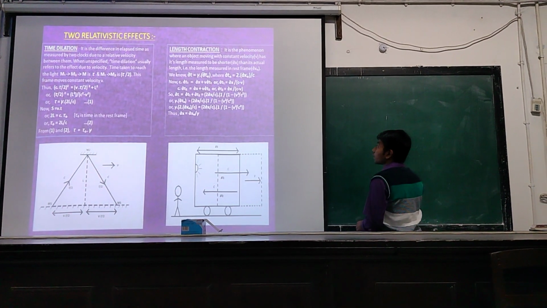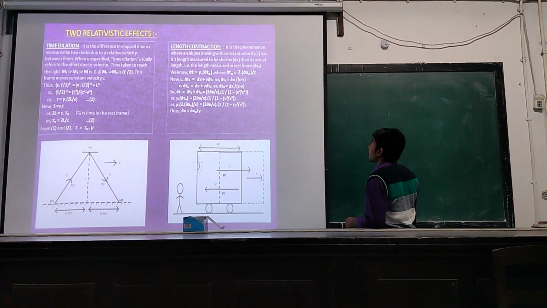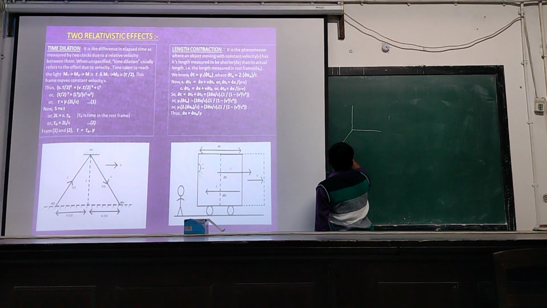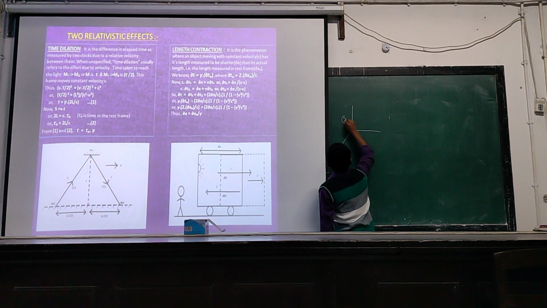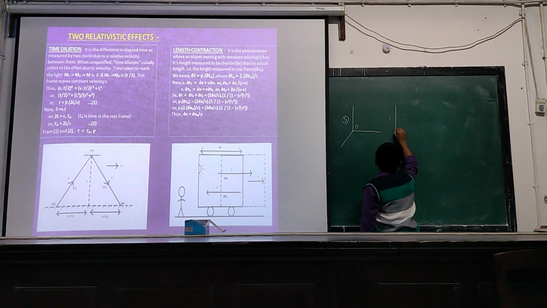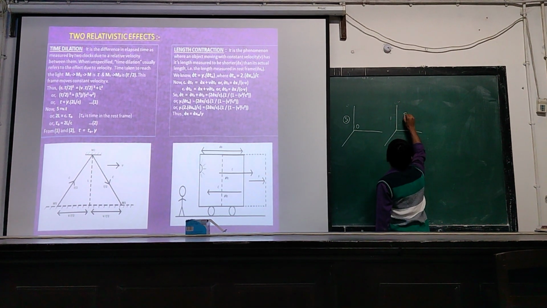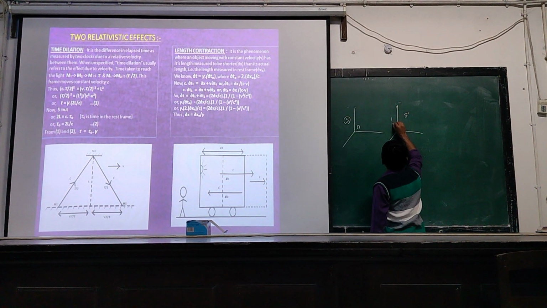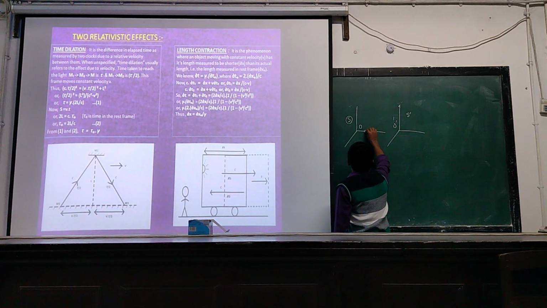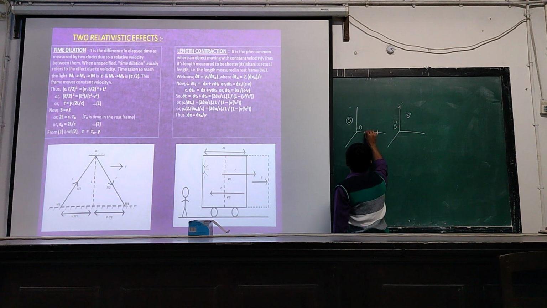There are two related phenomena: time dilation and length contraction. Consider the frame of reference. This is the S frame and there is observer O, and this is the S' frame. There is observer O', and a rod AB is fixed in the S frame.